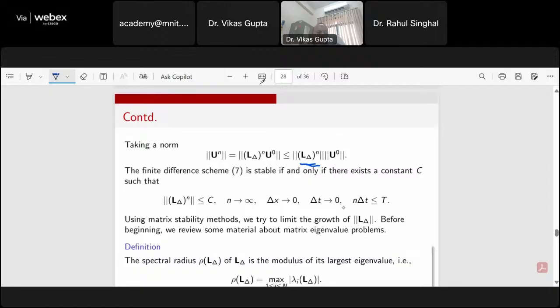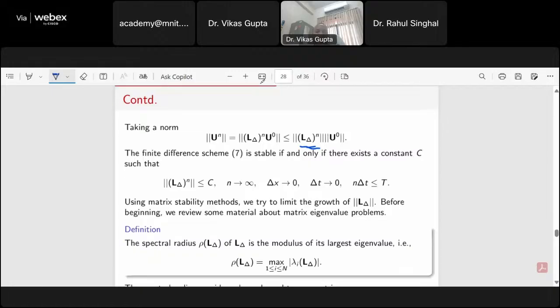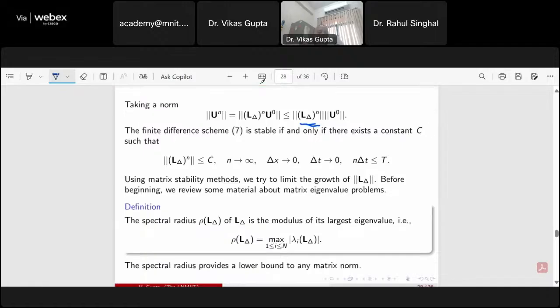So before beginning, first we review some material about the matrix eigenvalue problem. As I already said, the spectral radius rho of any given matrix A is defined by the largest eigenvalue in magnitude. So the spectral radius rho(L_delta) for the matrix L_delta is the modulus of its largest eigenvalue.